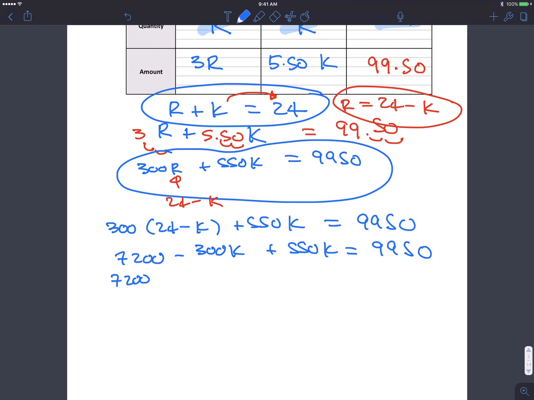Simplify this. 7200 plus 250K is 9950. We're going to subtract the 7200 from both sides. We get 250K is 9950 minus 7200, which gives you 2750.